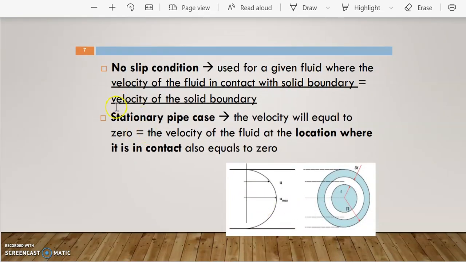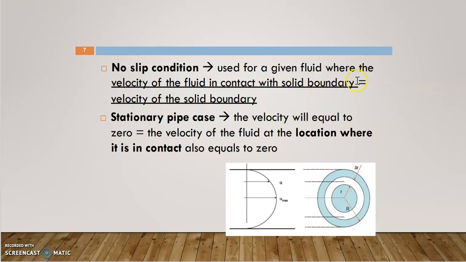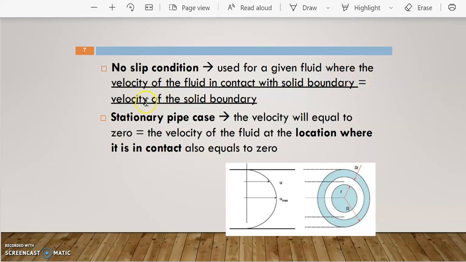There is also a no-slip condition. It is used for a given fluid where the velocity of the fluid in contact with the solid boundary is equal to the velocity of the solid boundary.